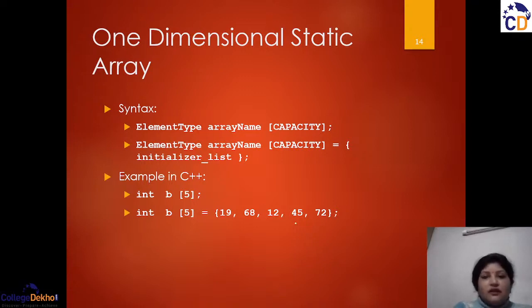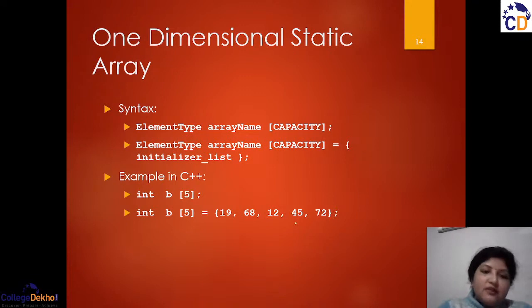The second form uses the data type of the array, the array name, and the capacity, and you initialize it at the time of declaration. So you initialize it with some values. Here, int b holds how many values? There are 5 values in that.